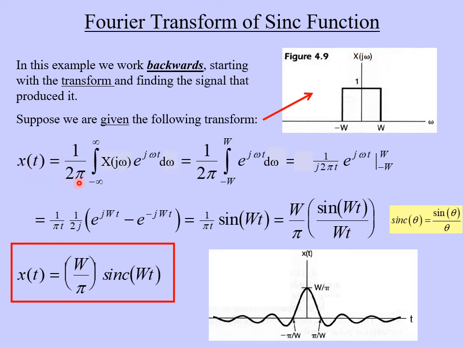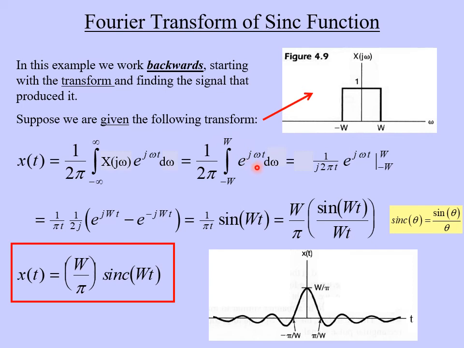So we're going to use the inverse Fourier transform integral, or the synthesis equation. And we're going to plug in for X of j omega, we're just going to plug in a 1. And these values of omega, negative W to W, tell us what to put in for the limits of integration over frequency. So you can see the minus W here and the positive W here.